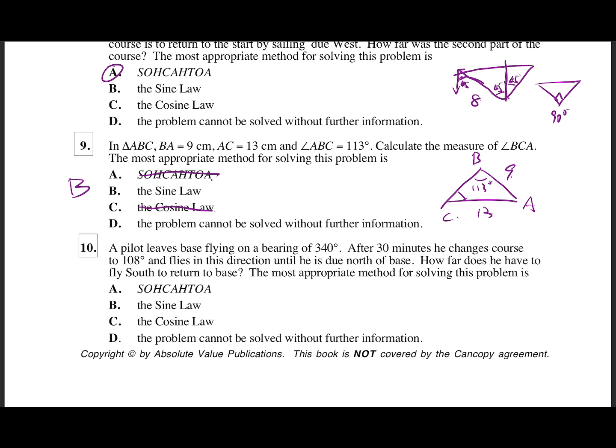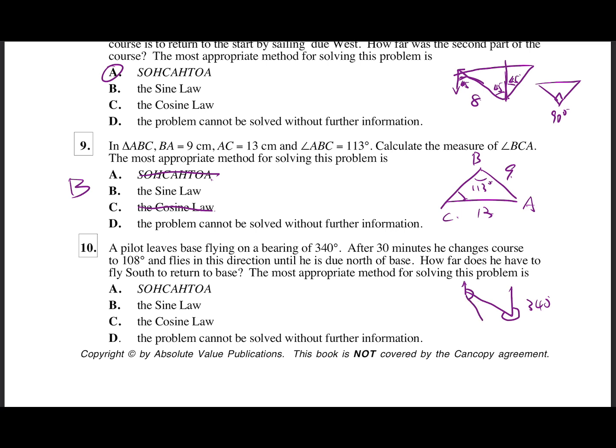For number 10, a pilot leaves base and flies a bearing of 340 degrees, so it's kind of like this way. After 30 minutes he changes the course by 108 degrees, so it's like this, and the flight direction is north.